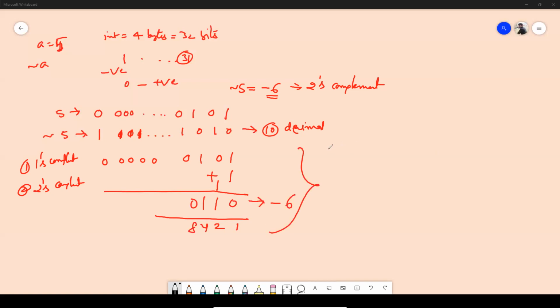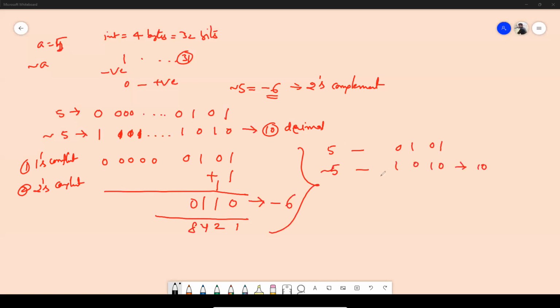So if you want to make it simple, 5 is 0 1 0 1. Then tilde 5 means it will flip. Flip means 1 0 1 0.